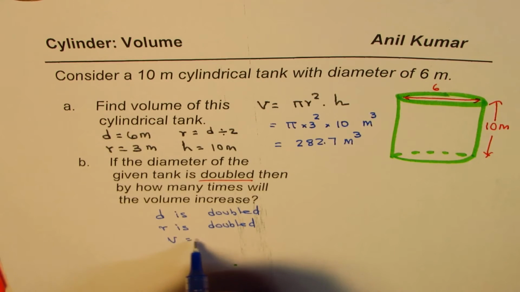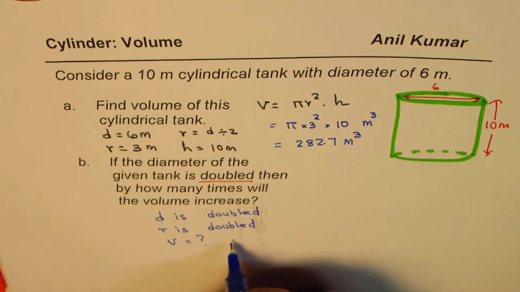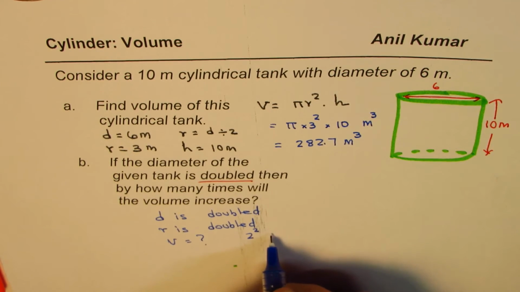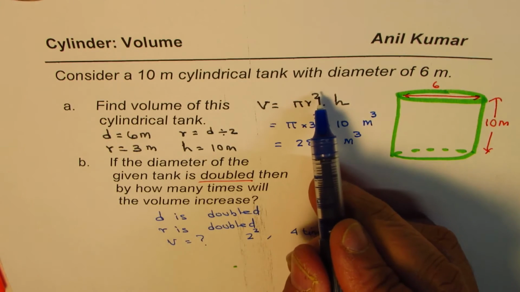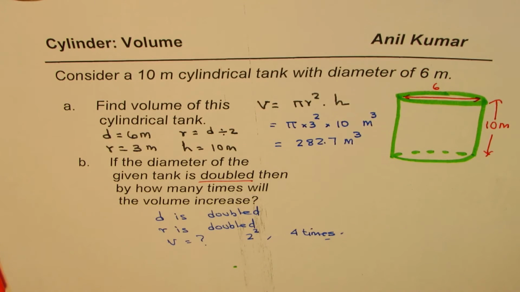Then what happens to volume? Will it be doubled? No, it won't be doubled. It will be 2 square times, 4 times, since R is squared. So the doubled thing will get squared and multiplied by 4. Do you get the idea?